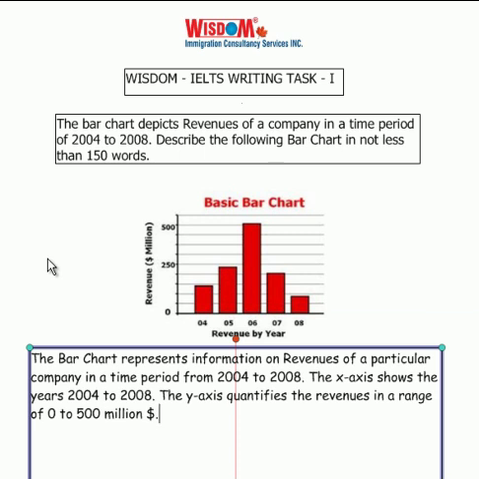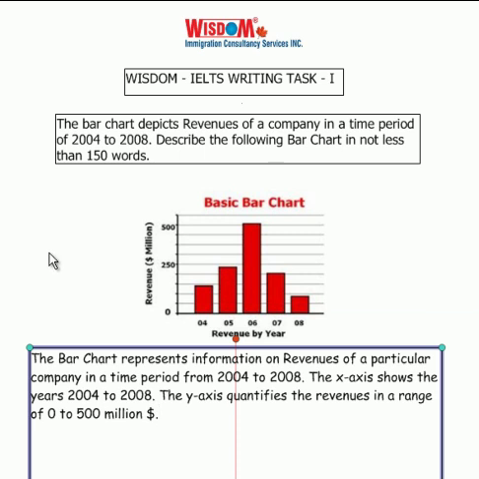The bar chart represents information on revenues of a particular company in a time period from 2004 to 2008. The x-axis shows the years 2004 to 2008. The y-axis quantifies the revenues in a range of 0 to $500 million.